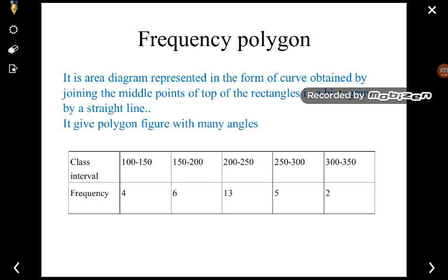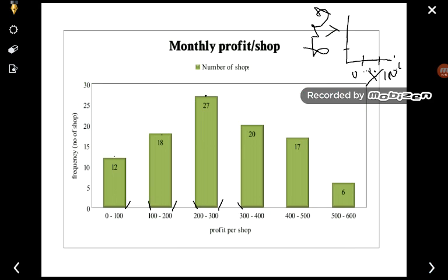It is obtained by joining the midpoints of the tops of the rectangles in a histogram by straight lines. Again you have to plot a histogram, then find the midpoints of the histogram, and then join them.